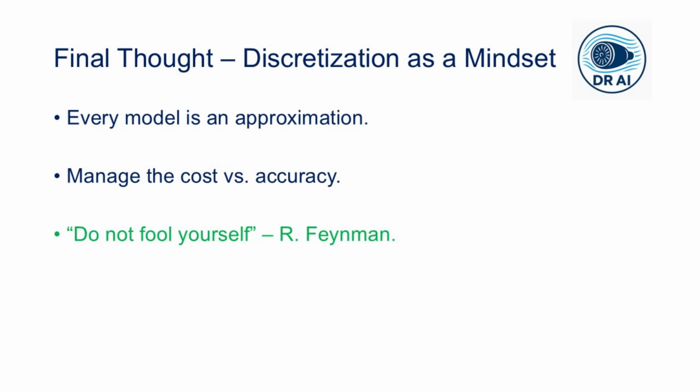As Richard Feynman said, the first principle is that you must not fool yourself, and you are the easiest person to fool. So do not fool yourself into thinking your discretization is the truth. Understand its limits, and you will be a great CFD engineer.